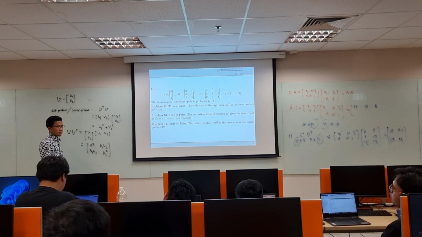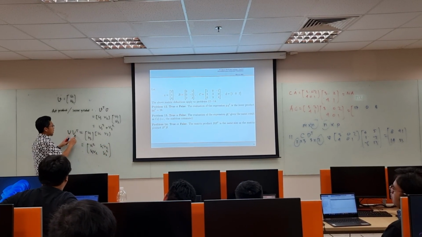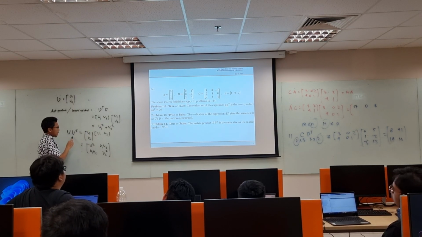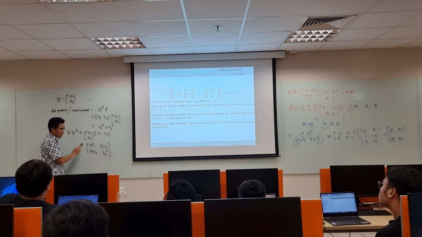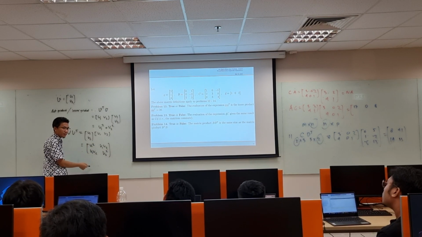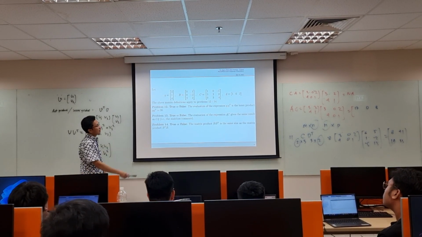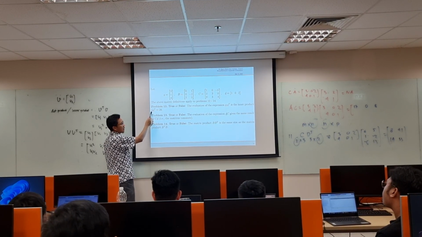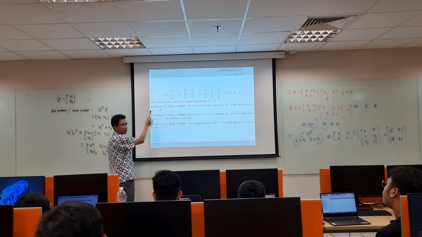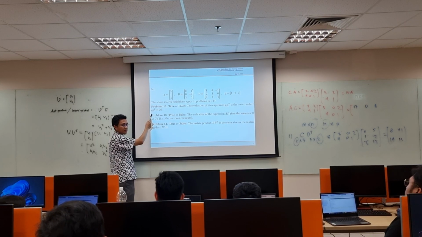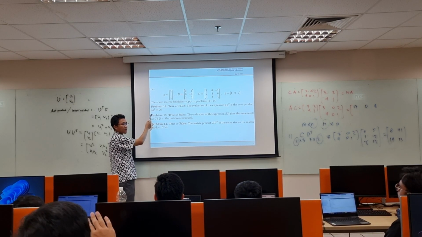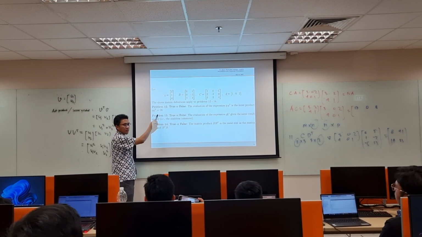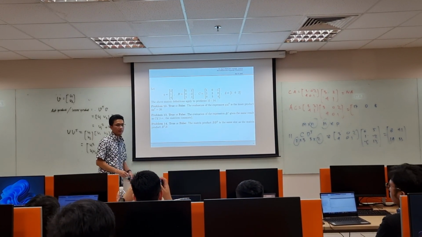So are these the same as this one? No. Is the result of this product a scalar or a matrix? Matrix. And so the result of A times A transpose, is it scalar or matrix? Matrix. So it is false or true? False. Okay.